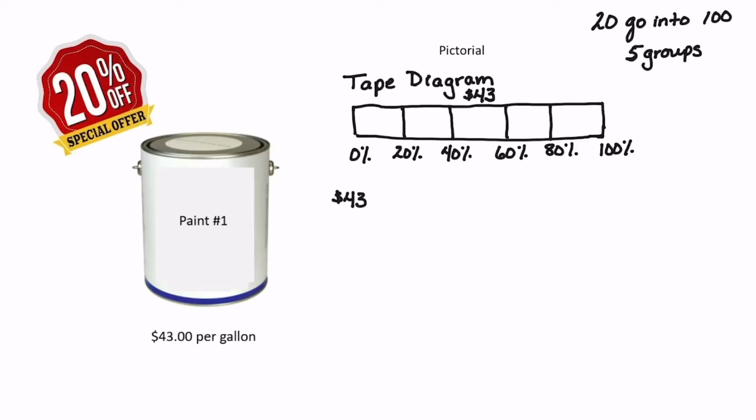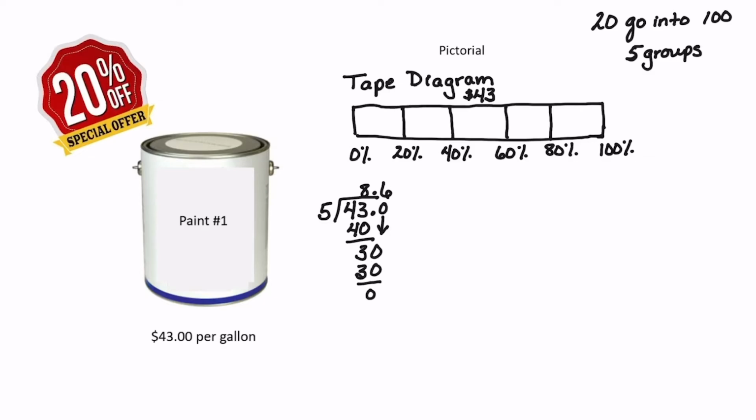Because we have 5 sections of 20%, we're going to divide 43 by 5. So I'm going to say 43 divided by 5. That's going to go 8 times. That's 40. Add my decimal, carry my placeholder. So that's going to be 8.6.